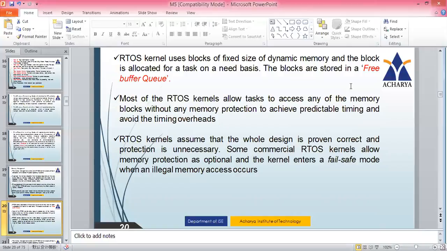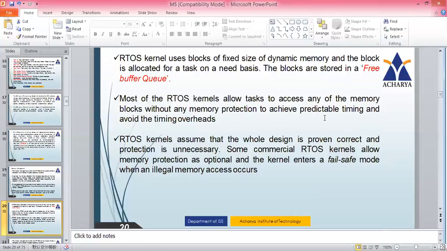The blocks are stored in a free buffer queue. So there is no hard and fast rule; the blocks are available in the free buffer queue. Most of the RTOS kernels allow tasks to access any of the memory blocks without any memory protection to achieve predictable timing.